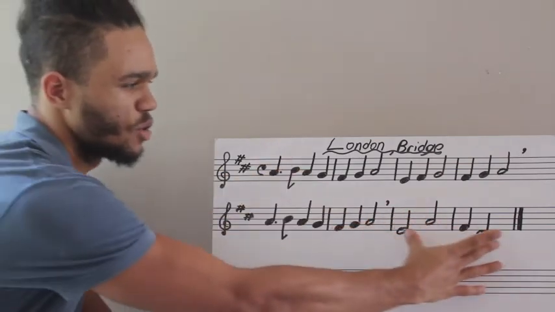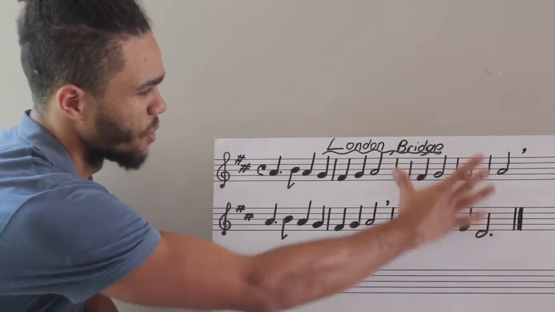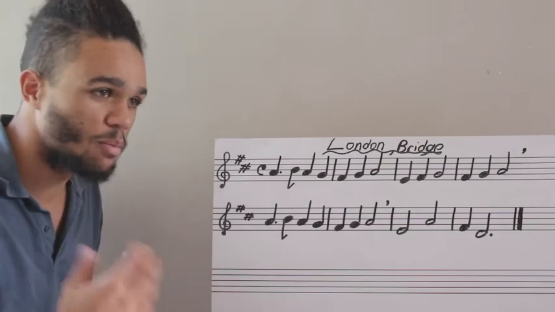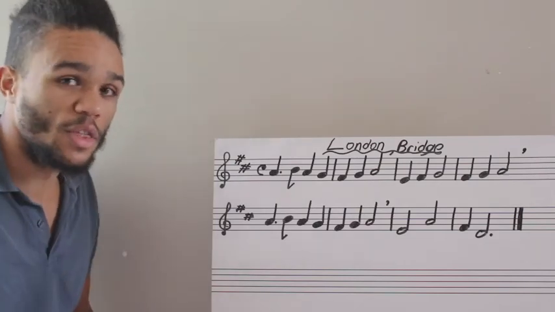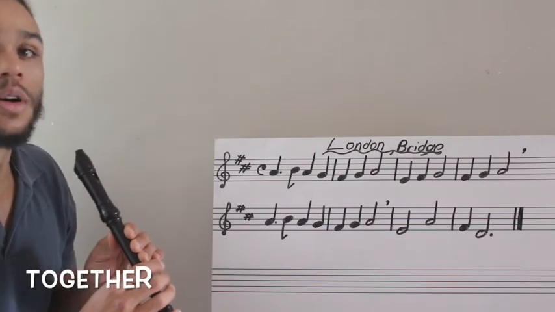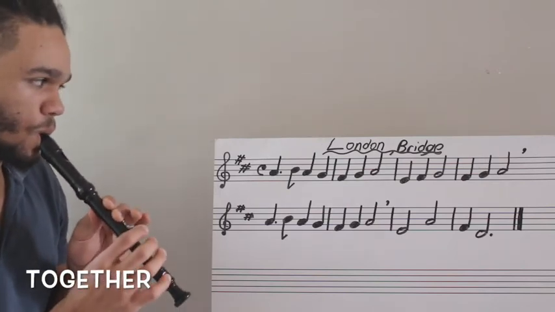Easy stuff. Just those 2 bars over here that are different from over there. So let's now put line number 1 and line number 2 together. I'll play through it once. You'll play through it and then I'll sing it as you play it, okay? 1, 2, 3, go.